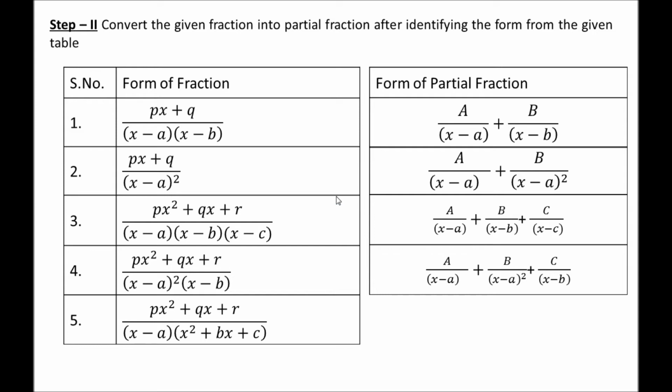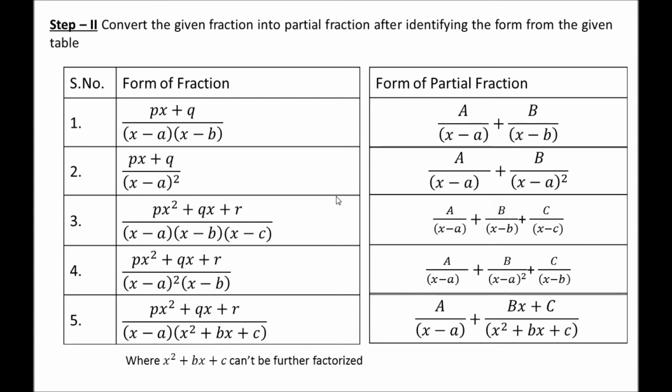Last but not the least, students, in the last case, remember x square plus bx plus c is a factor which cannot be further factorized. And in order to convert this fraction into partial fraction, I must write it as a upon x minus a plus bx plus c upon x squared plus bx plus c, where x square plus bx plus c can't be further factorized.